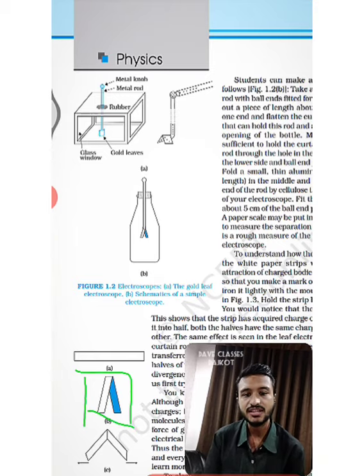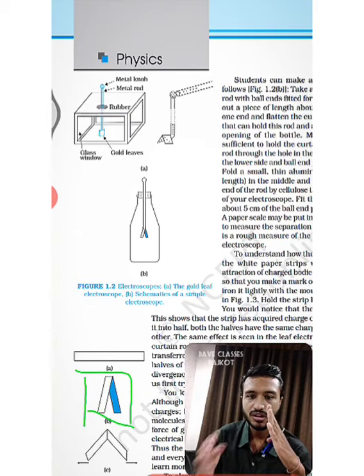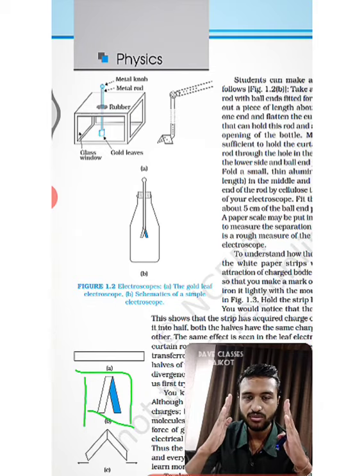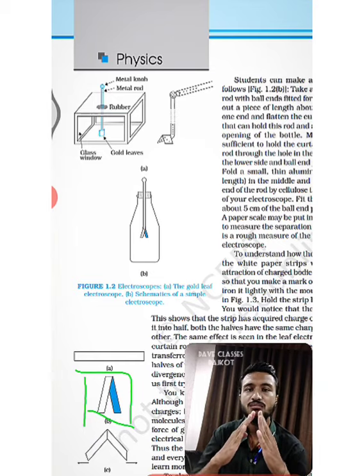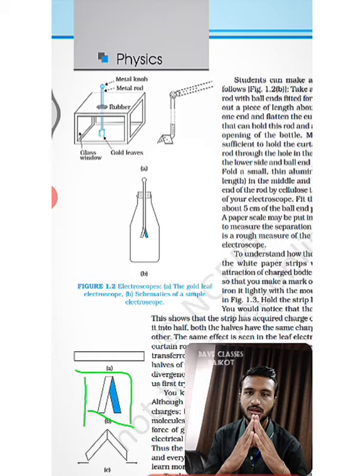Now I am describing how it will work. There is one aluminium foil, and another is attached with the help of cellulose tape, the normal tape which you may have. You can stick it like this.